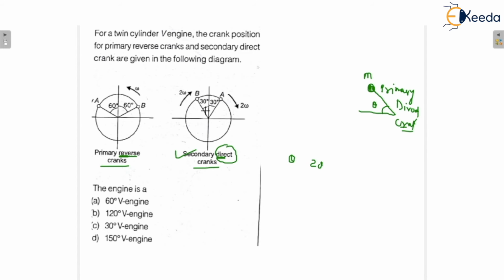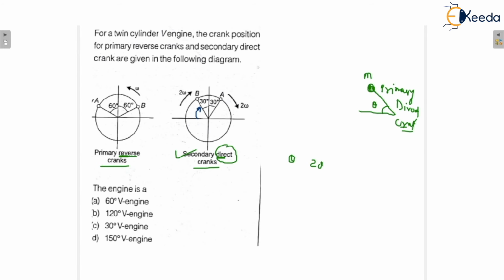Are you getting my point? We need to understand the angle is always measured from the inner dead center. Inner dead center means this horizontal line. So the angle is measured from the inner dead center like that.